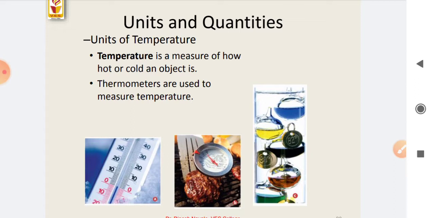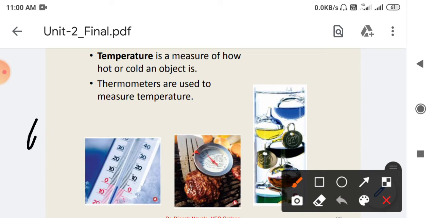Now the next unit is temperature. Generally we come across temperature in degree centigrade, but nowadays we have widely used one more unit, degree Fahrenheit. There we measure body temperature, which is around 96 or 95.